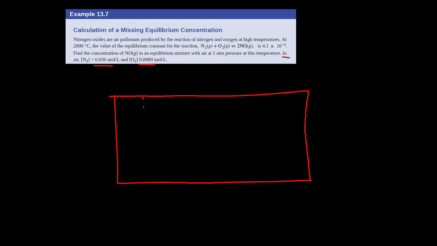So this is the concentration just in air normally. So these are the initial states for the N2 and the O2, and we would have 0 of the NO. So go ahead and pause the video now and see if you can find that equilibrium concentration.